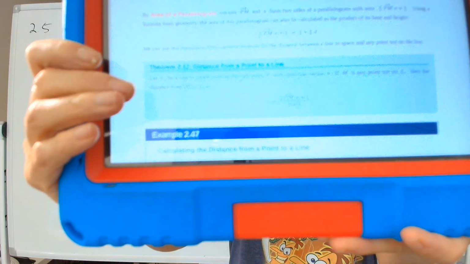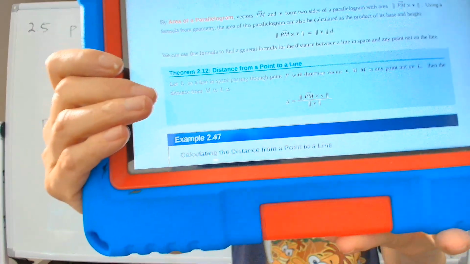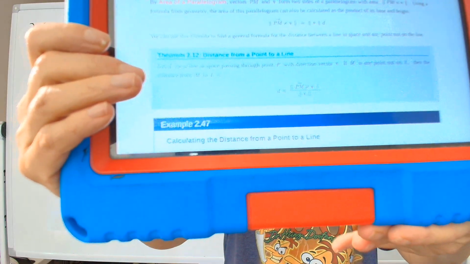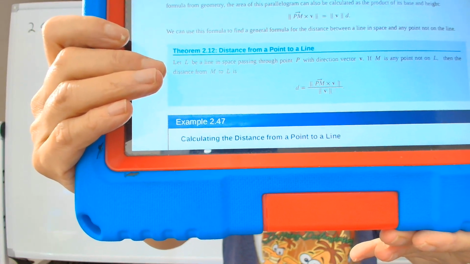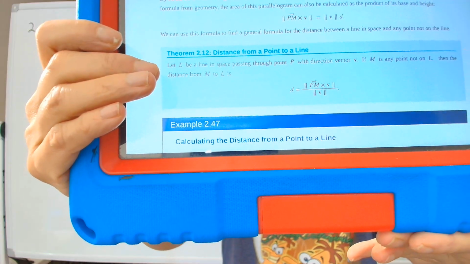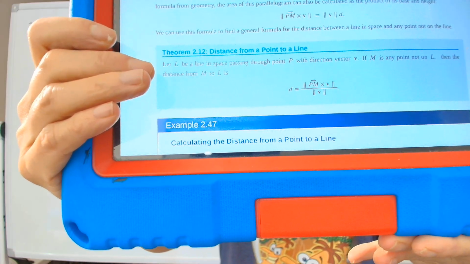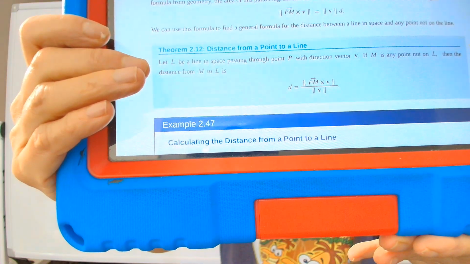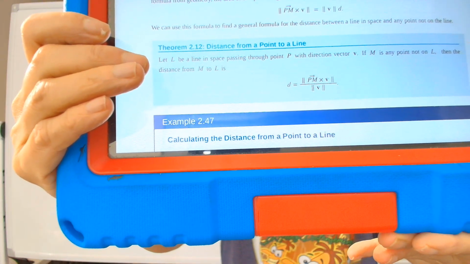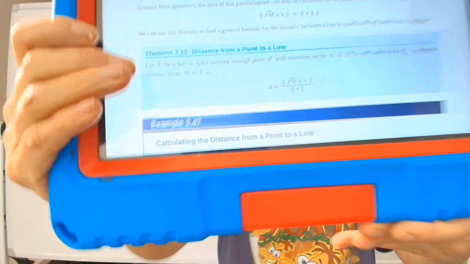To calculate the distance between some point and some line, you take the vector from any point on the line to the point, times the vector of the line, doesn't matter which one, and divide by the magnitude of the vector.